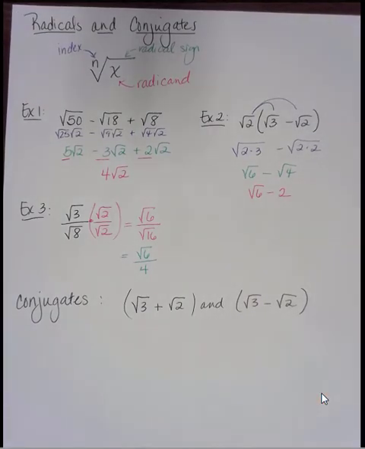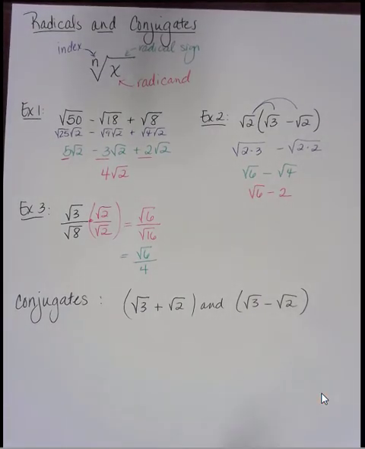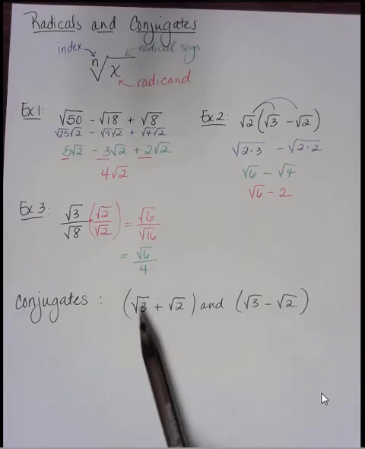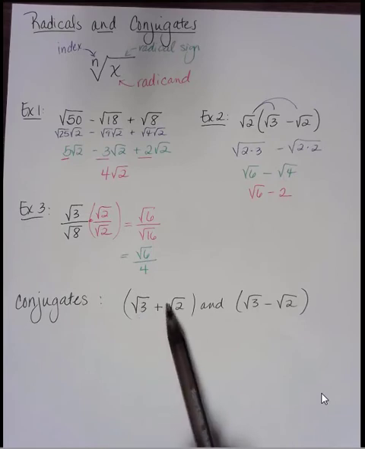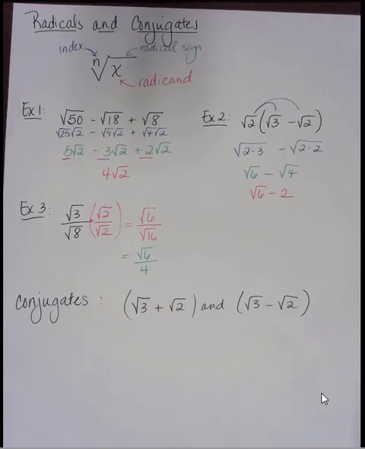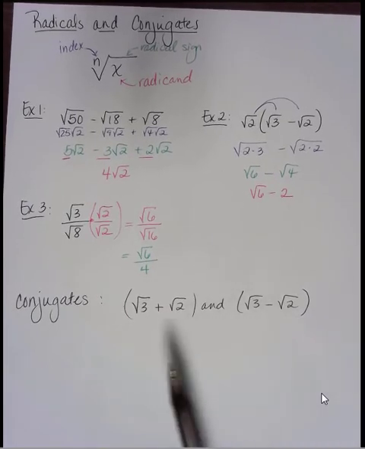Those would be conjugates. An identifying characteristic is that they have the same first terms, the same last terms. The only thing that's different is the sign between, or the operation, if you will. Okay, so we have plus versus minus.